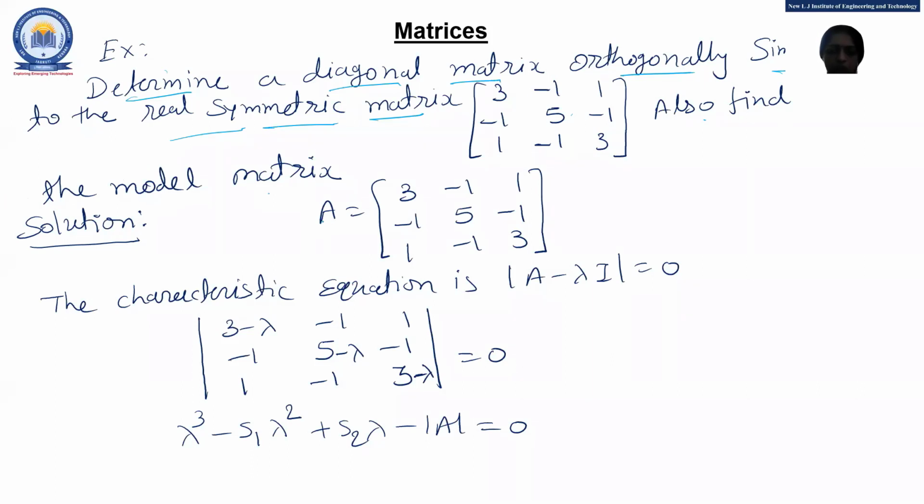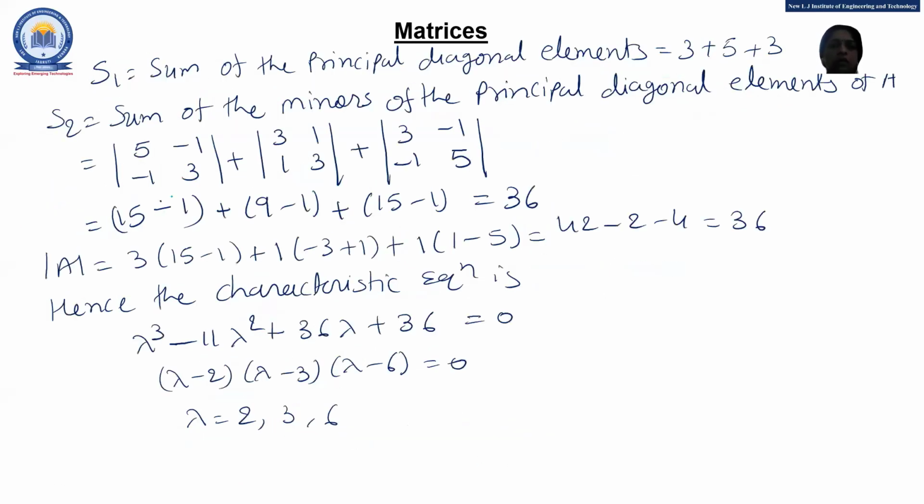So here A is our given matrix. As we want to find the diagonal matrix, the rules are the same. First, we start with the characteristic equation, and by applying it, we have a total of 3 eigenvalues, 2, 3, and 6. All eigenvalues are real and distinct, right?